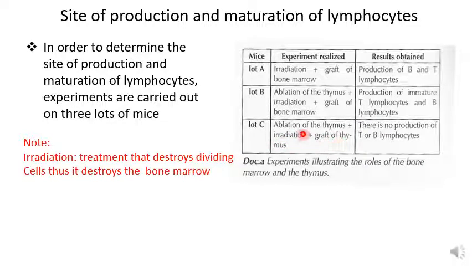So irradiation means no bone marrow. Ablation of the thymus followed by graft of the thymus means that there is a thymus. Okay, now we have the conditions of the 3 experiments, and we have the results obtained for every experiment.